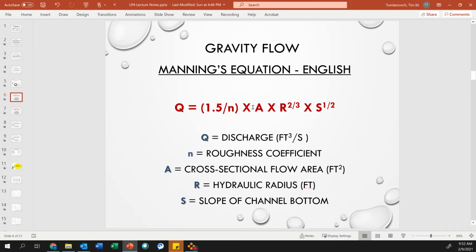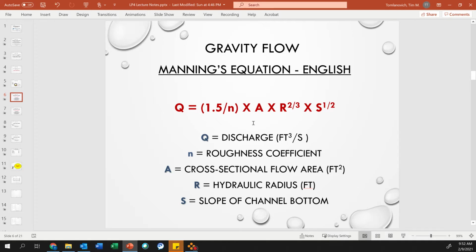Okay, don't get that confused. Times the hydraulic radius raised to the 2/3 times the slope of the channel bottom raised to the 1/2. Slope is feet over feet, meters over meters. It's a unitless number.